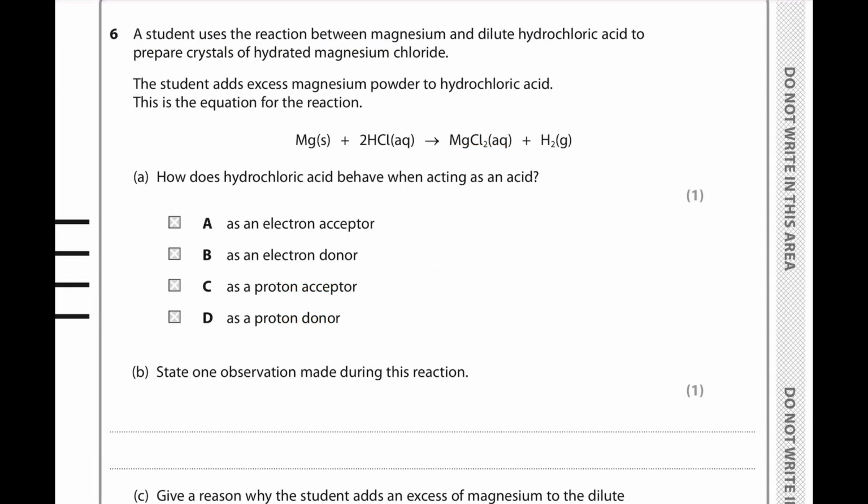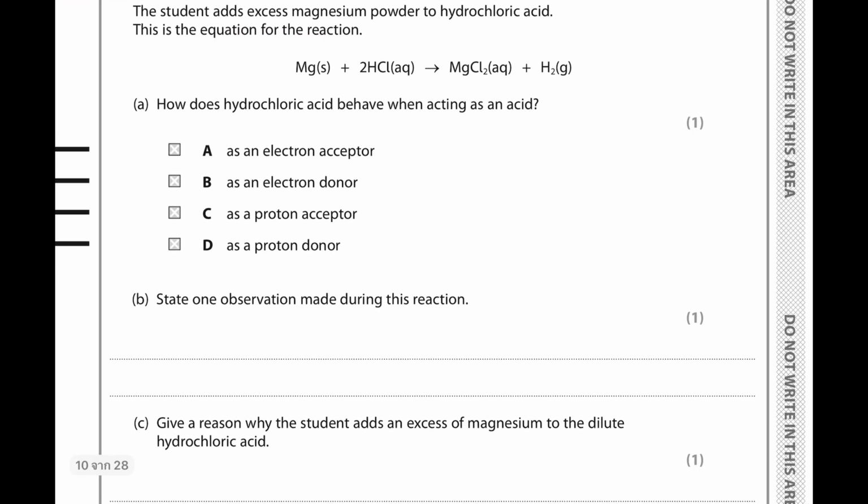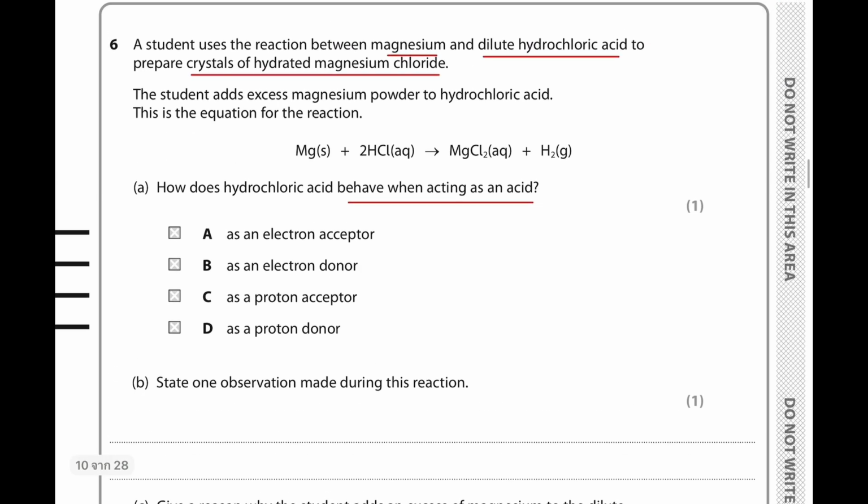Question 6. A student uses the reaction between magnesium and dilute hydrochloric acid to prepare crystals of hydrated magnesium chloride. The student adds excess magnesium powder to hydrochloric acid. This is the equation for the reaction. Question A. How does hydrochloric acid behave when acting as an acid?